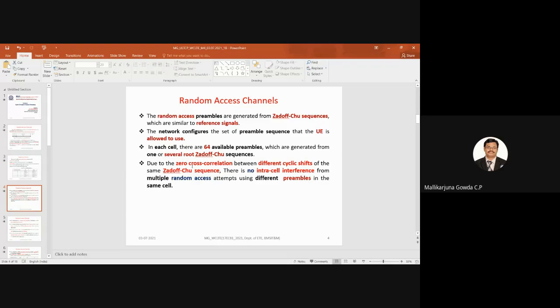Due to the zero cross correlation between different cyclic shifts of the same Z2 sequence, there is no intra-cell interference from multiple random access attempts using different preambles in the same cell. As I said, there are 64 preambles available in every cell, generated from one or several root Z2 sequences.